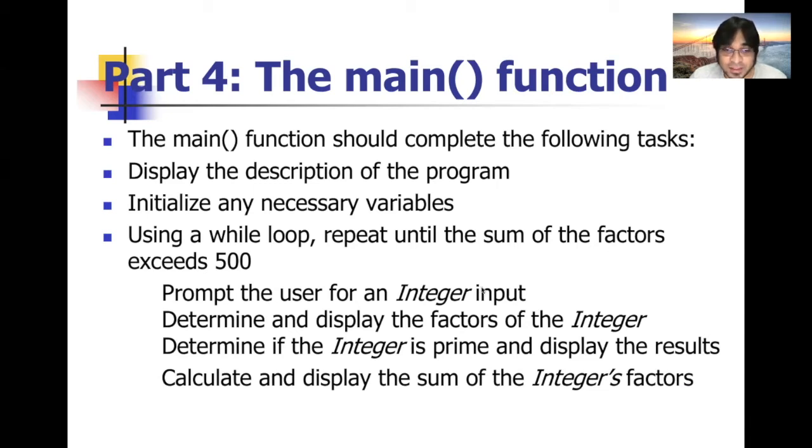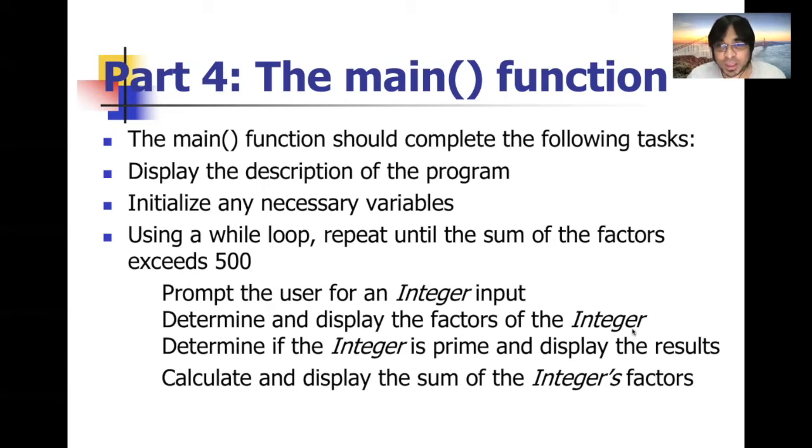And inside that loop, this is important, we need to take the input from the user inside the loop. And the loop condition is as long as the running sum is below or equals 500. And we're going to determine and display the factors of the integer.